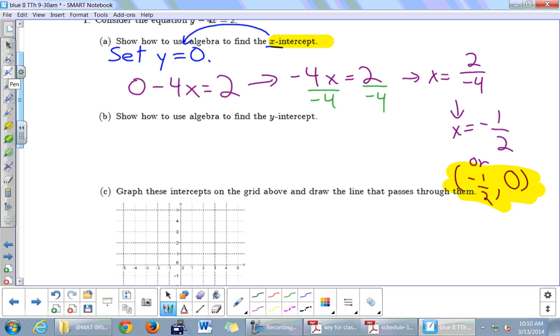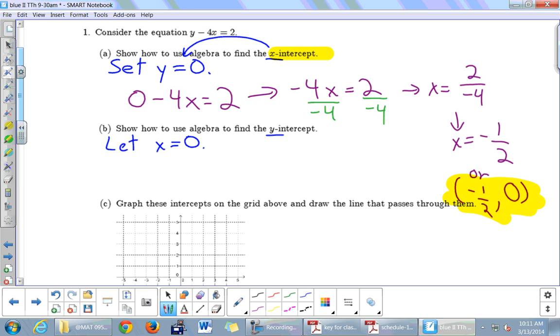Let's try part B. Show how to use algebra to find the y-intercept. If I want the y-intercept, what do I let equal 0? X, the other one. It's just automatic after you do it enough times. Anytime you're finding the y-intercept, you let x equal 0. That's how you start the problem. So we go back to the original equation, copy it, except instead of x, we put 0. So we go y minus 4 times what? 0 equals 2.